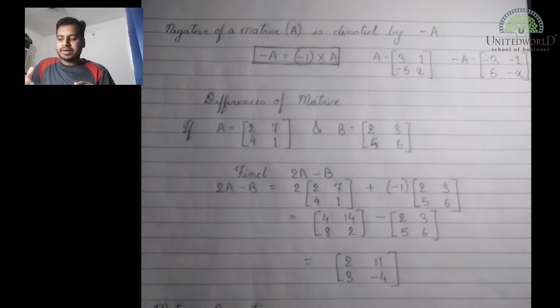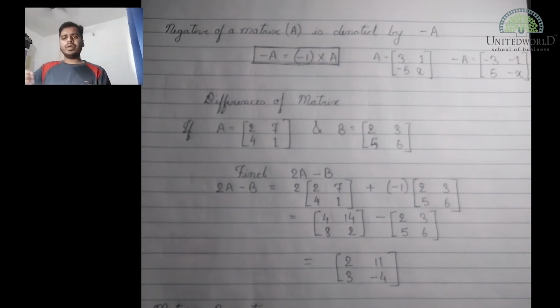The negative of that matrix is -3, -1, 5 and -x. Each element is getting multiplied by -1, similar to the topic we just discussed, multiplying a scalar number to a matrix. This is how you find the negative of a matrix.